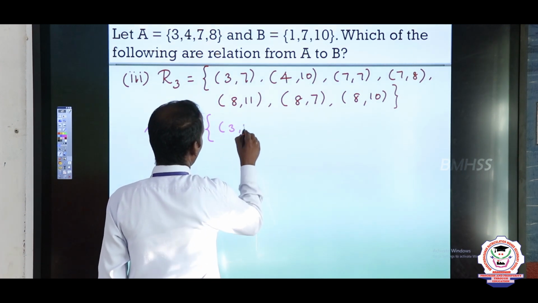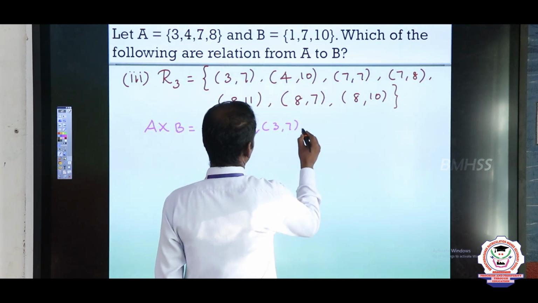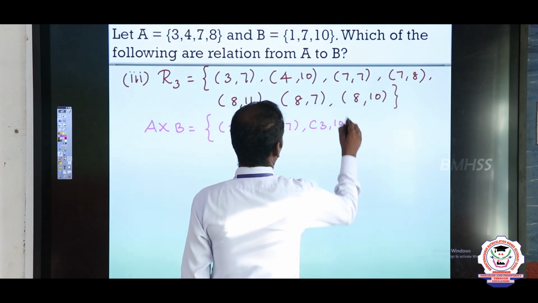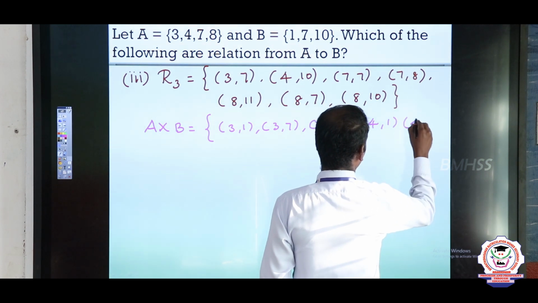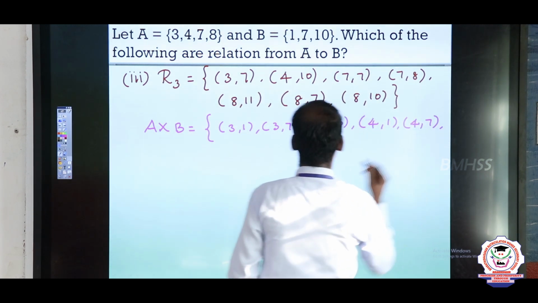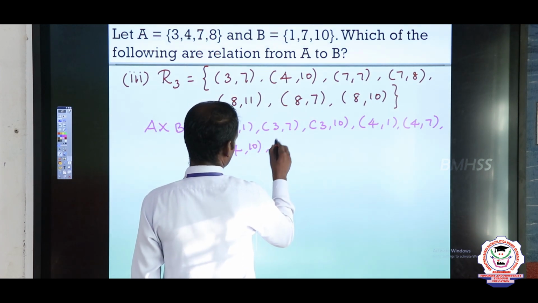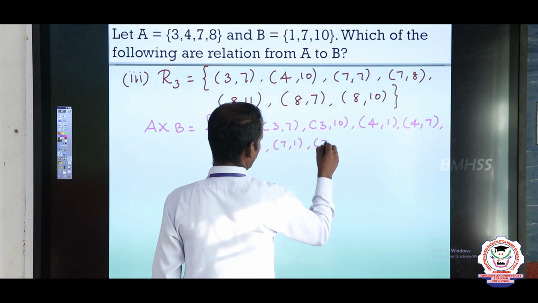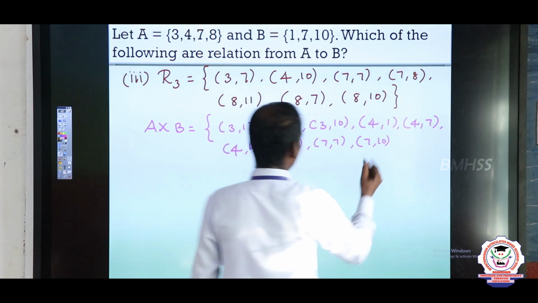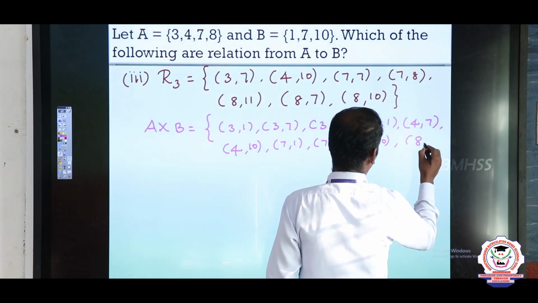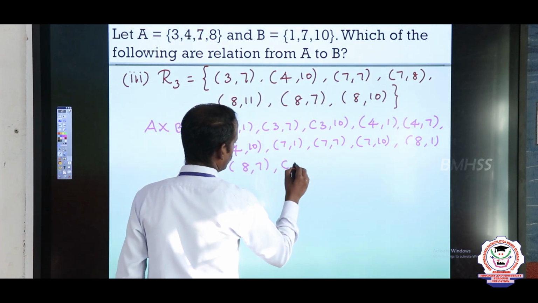First 3 comma 1, 3 comma 7, 3 comma 10, 4 comma 1, 4 comma 7, 4 comma 10. Next 7 comma 1, 7 comma 7, 7 comma 10. Then 8 comma 1, 8 comma 7, 8 comma 10.